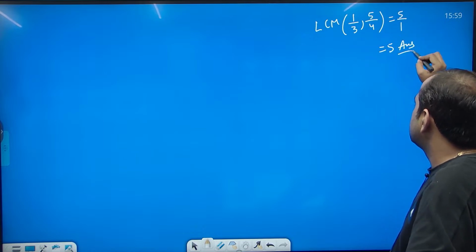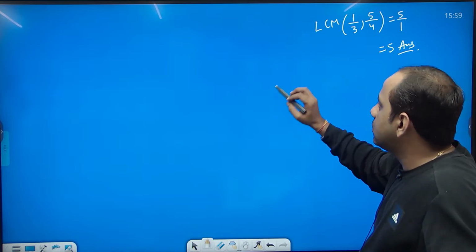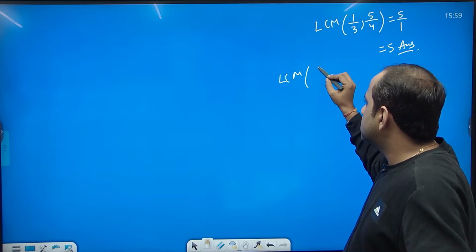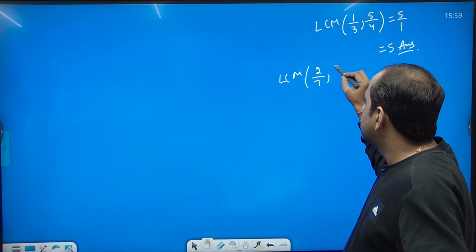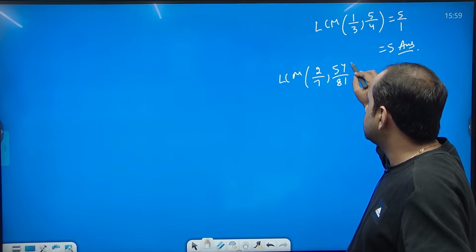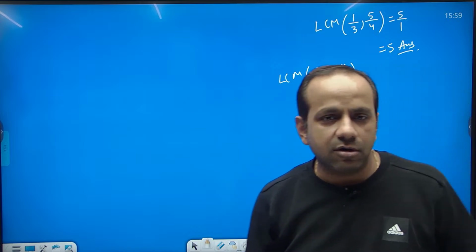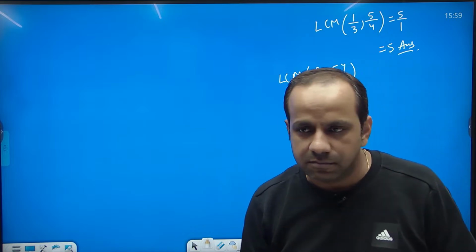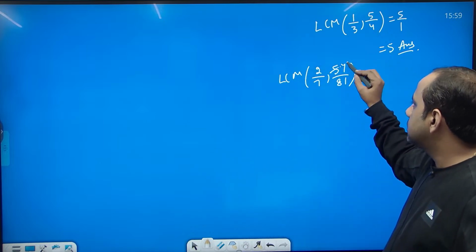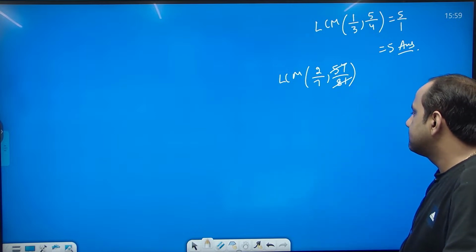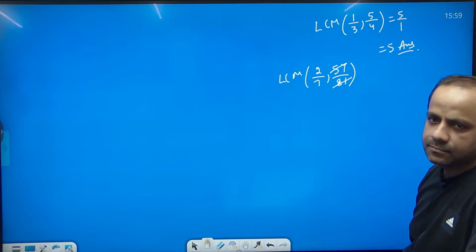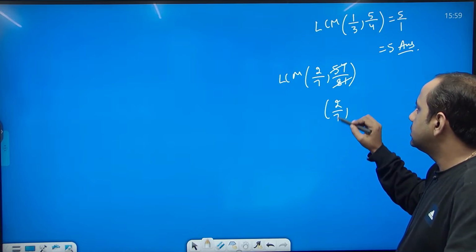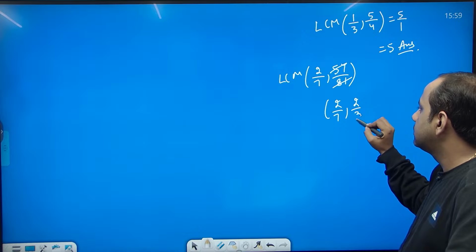कोई doubt तो नहीं है. But if you get question like this, LCM of like 2 by 7, 54 by 81, like this. Okay. Make sure that when you apply this formula, the fractions must be in the lowest form. Now in this case, ये तो कट रहा है ना? किसके टेबल पे? 27 के टेबल पे कट रहा है वैसे तो. ठीक है ना? 2 by 7, it will be 2 by.